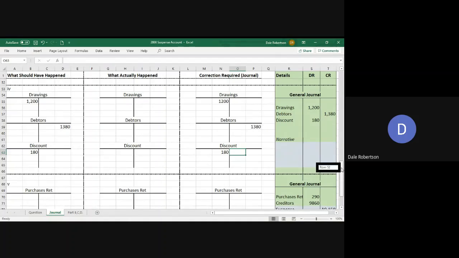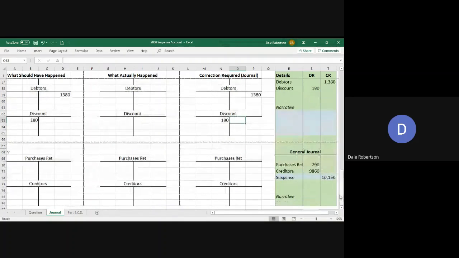And then we're going to look at our fifth and final one, maybe the most complicated one. It says Reddington had returned a motor car previously purchased on credit from a supplier for 10,400, but had entered the transaction in the relevant accounts incorrectly as 10,440.